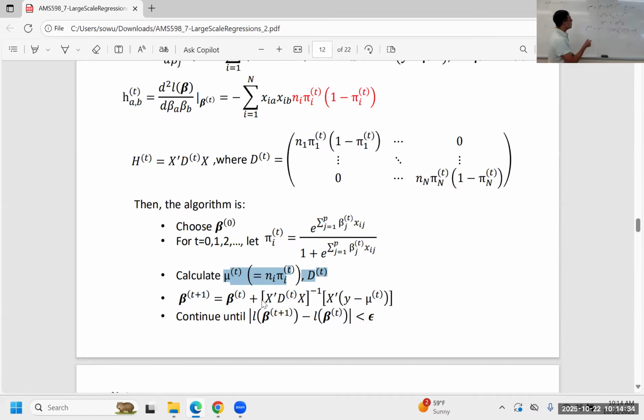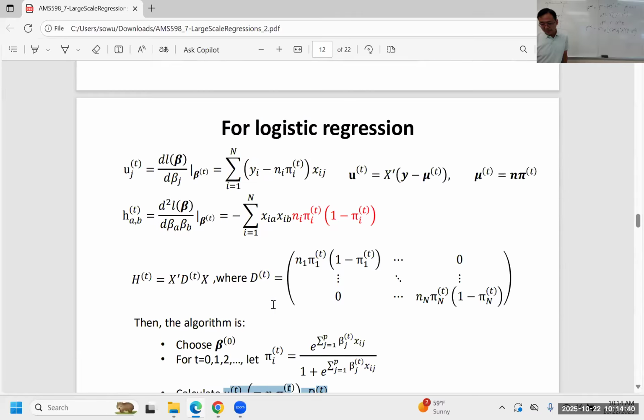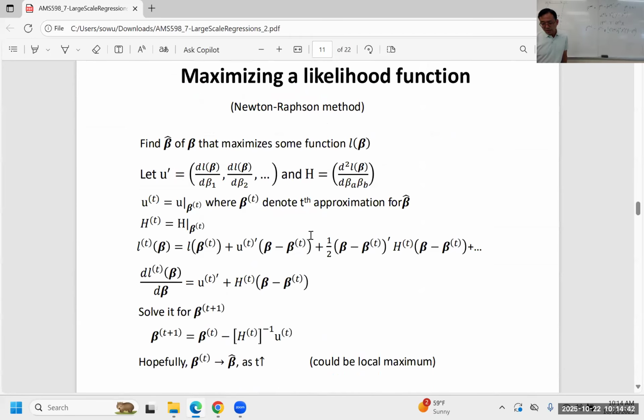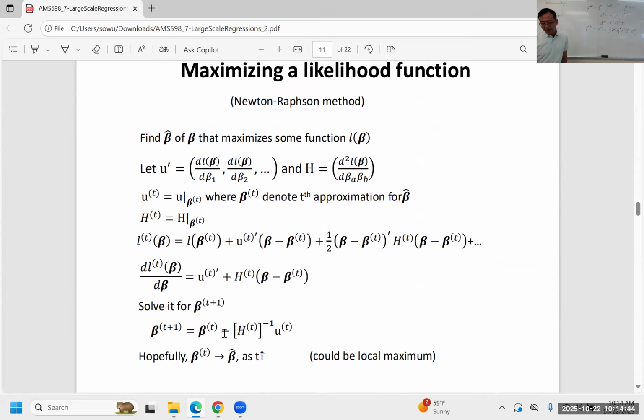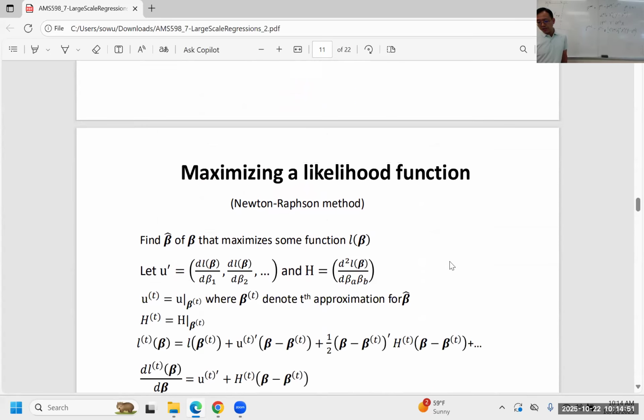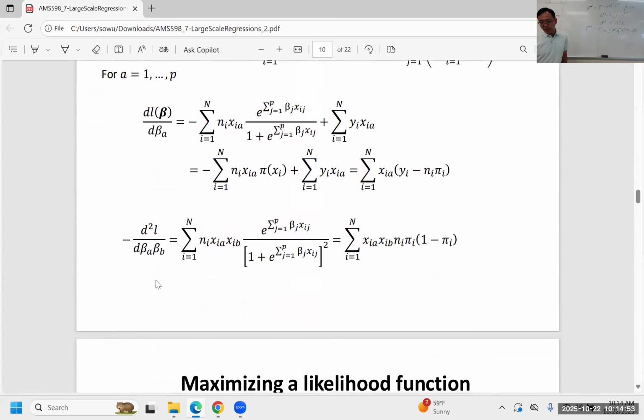This is a plus, because in Newton-Raphson I have a minus the Hessian matrix, but the Hessian matrix itself also has a negative sign.